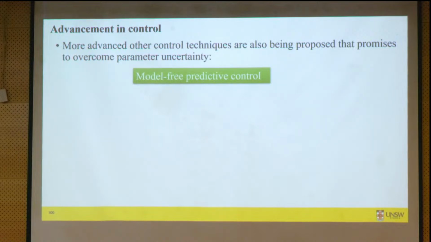That can be estimated as a disturbance signal, and then you use it in a disturbance observer to control the motor, which is the idea behind model-free predictive control.